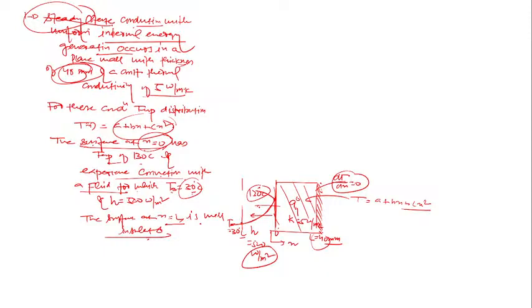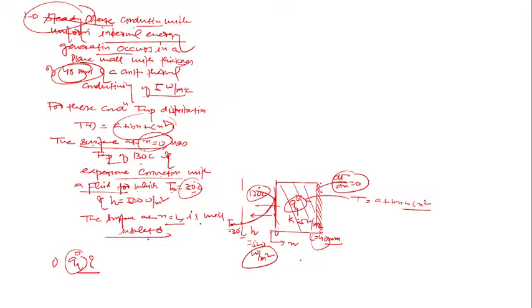At a steady state, the first part of the question is to find the QG dot.